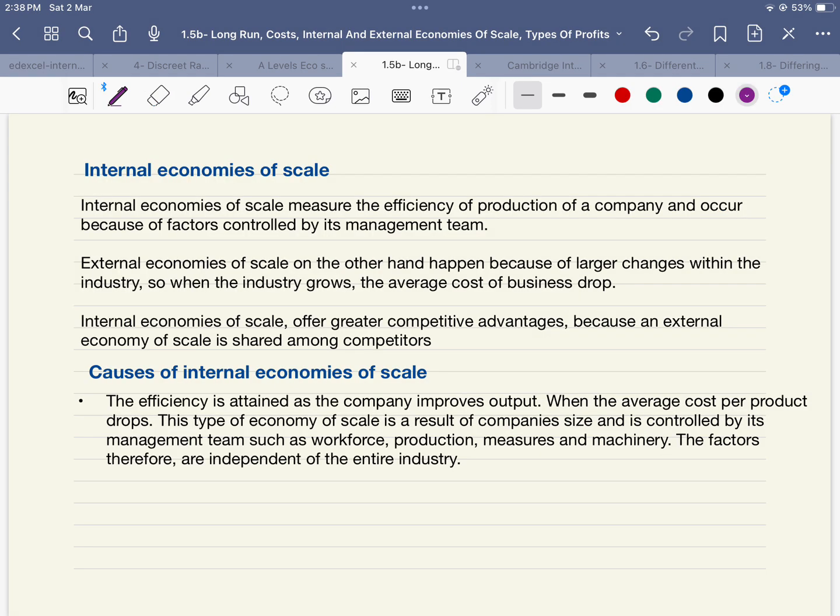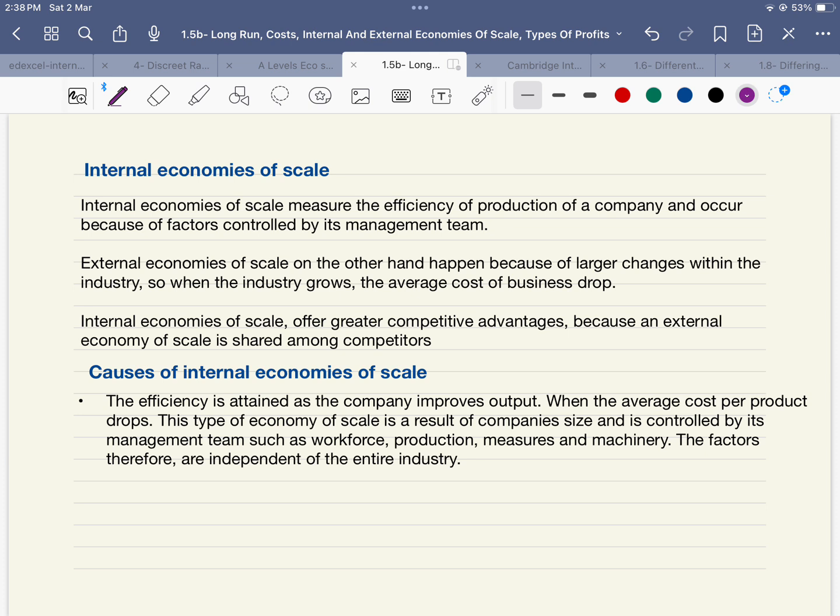Internal economies of scale measure a company's efficiency of production and occur because of the factors controlled by its management, meaning the factors are all internal. External economies of scale take place because of larger changes within the industry. So when the industry grows, the average costs of the business drop.